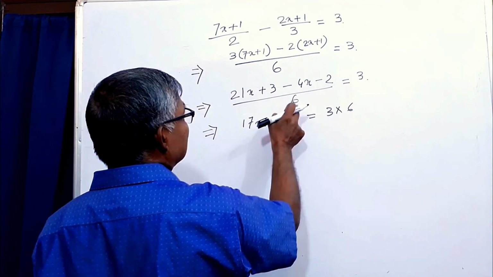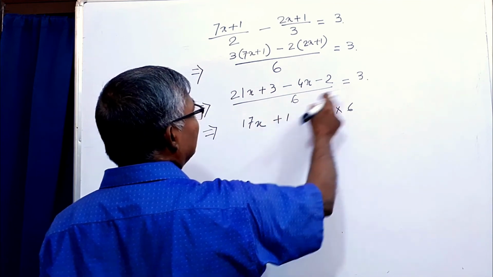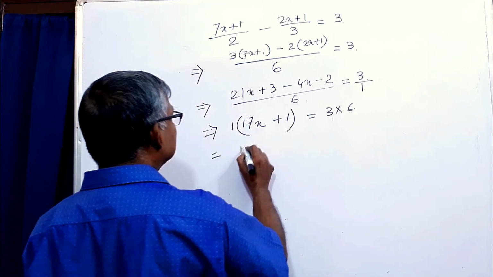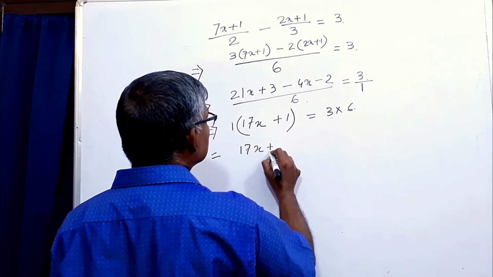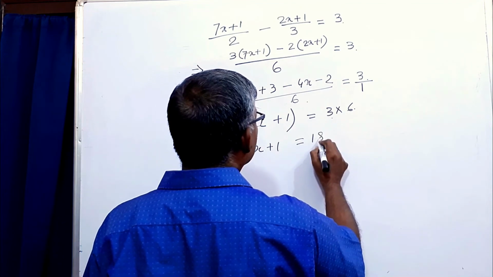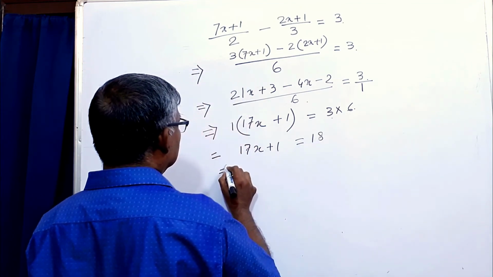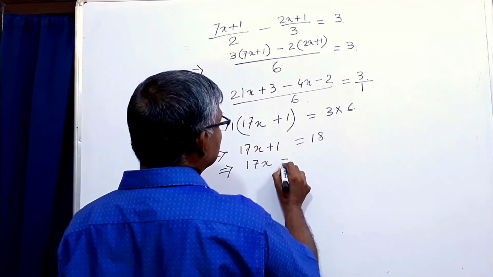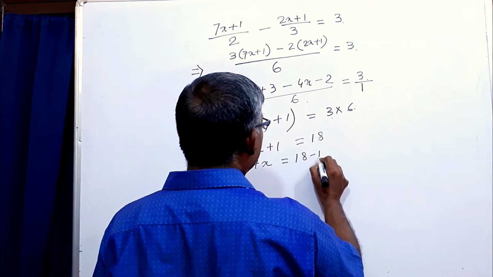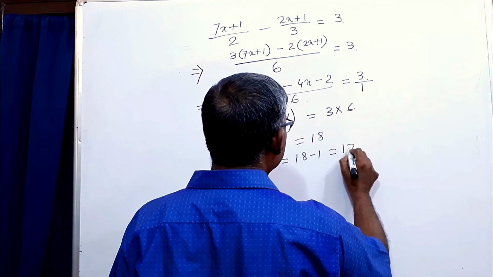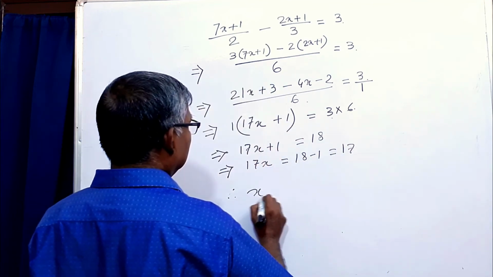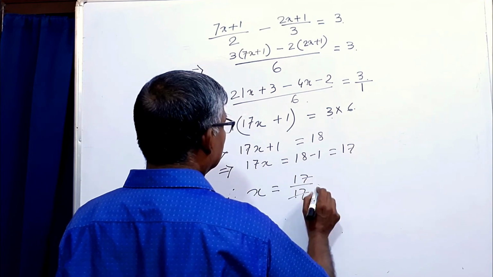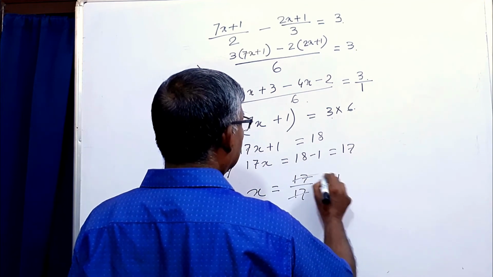So this 6 is cancelled and here 6 is multiplied. So it is 17x plus 1 equals 18. This implies that 17x equals 18 minus 1, that is 17. Therefore, x equals 17 by 17, that is 1.